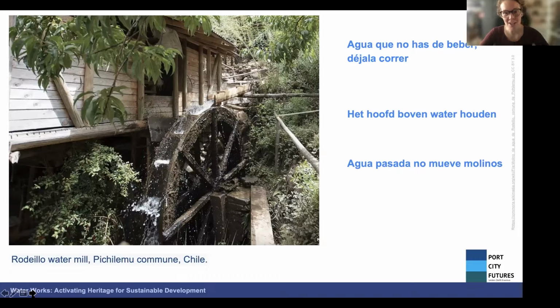And so you gave us a lot of idioms, which was really fun because some of them we recognized in direct translation, like het hoofd boven water houden, which is keep your head above water. I think in many languages it's the same. But also a couple in Spanish that were very original that we didn't know. Maybe Carla, you can click once more so we can see the translations in English.